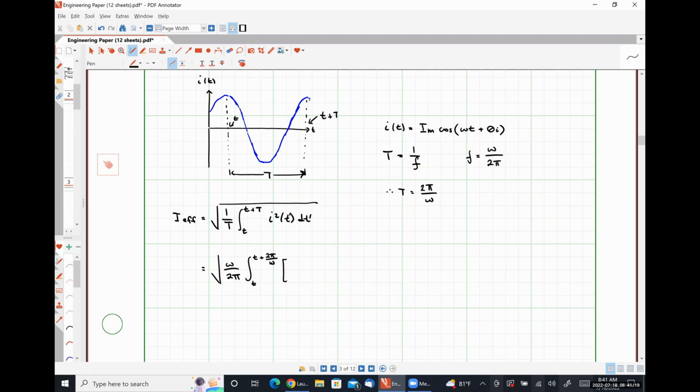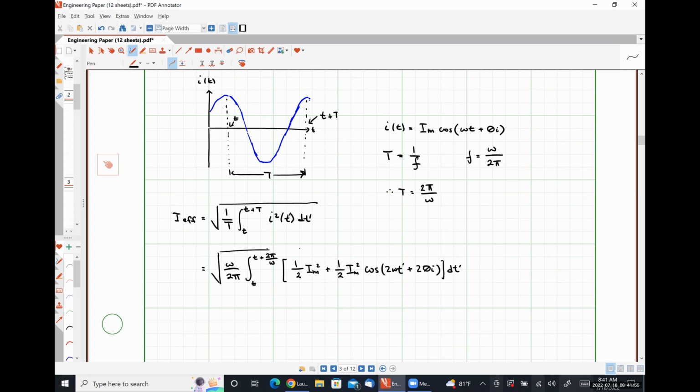And our current waveform squared is going to be 1/2 Im squared plus 1/2 Im squared cosine of twice omega t plus twice theta I. And all these t's should be primed since t shows up in the limits of my integration.